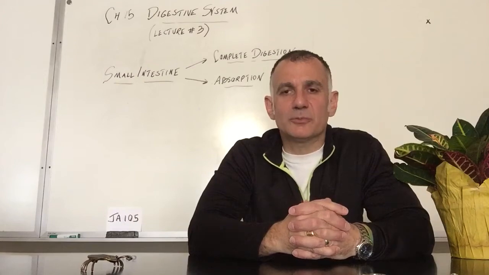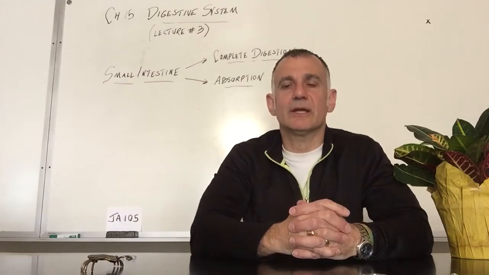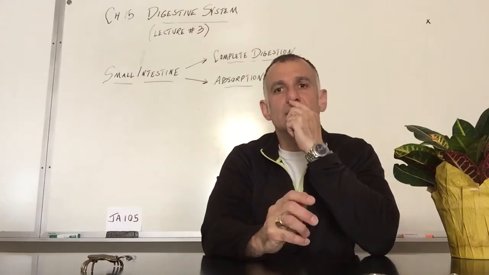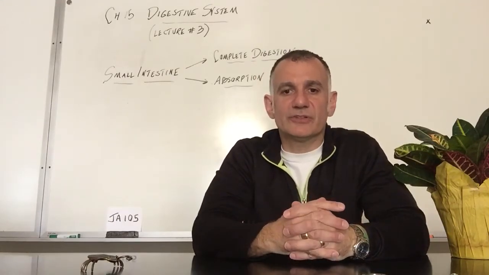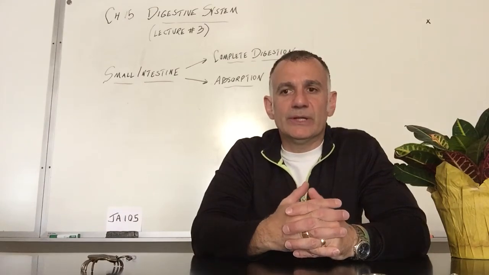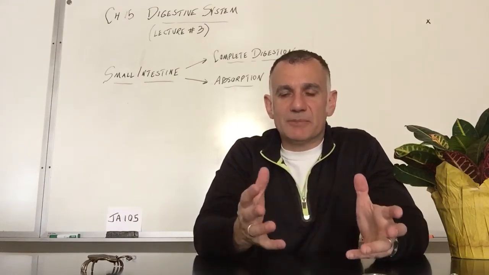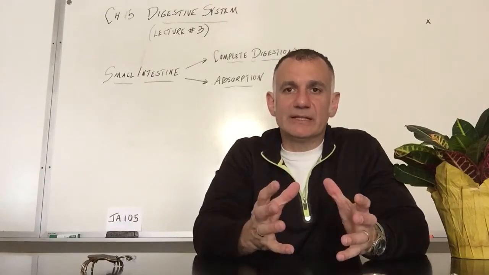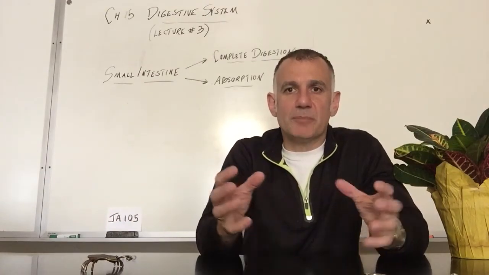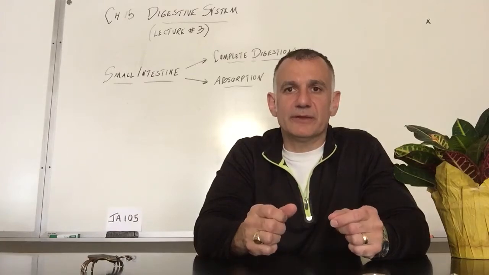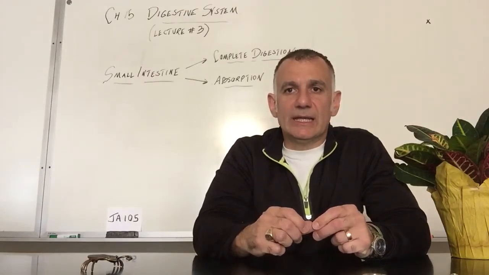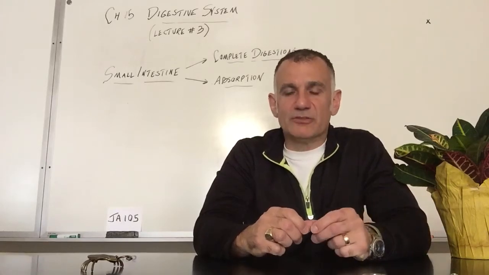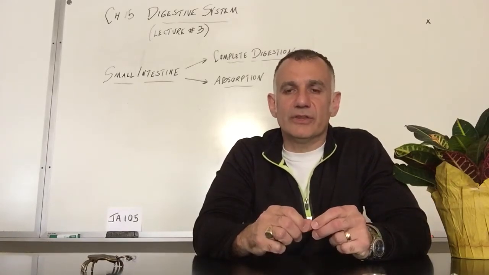Not digestion as much, but absorption, I guess, is a better way to put it. It helps with absorption of fats. The joining of those 2 molecules together, the fat and the bile, assists them in moving through. So basically what's happening in the first region of the small intestine is we're completing digestion. We're going to start binding with bile that's coming from the liver, stored in the gallbladder, as I mentioned before. And then we're going to move on to the next region of the small intestine, which is called the jejunum.